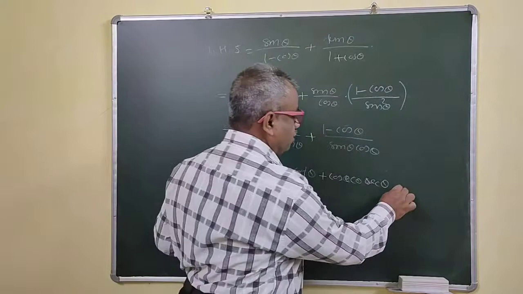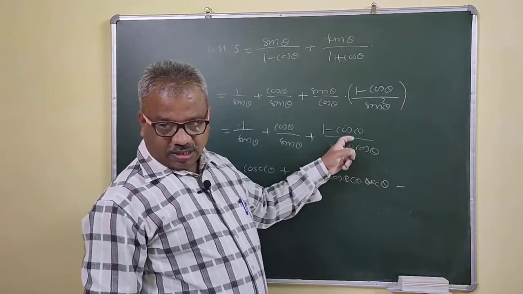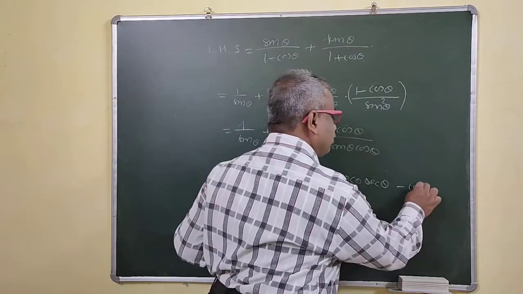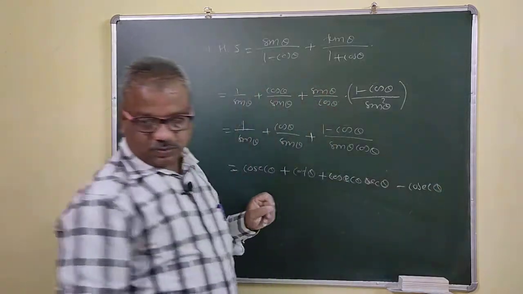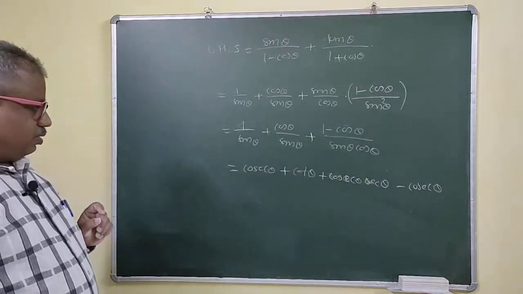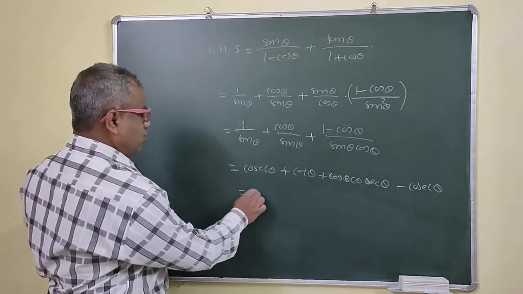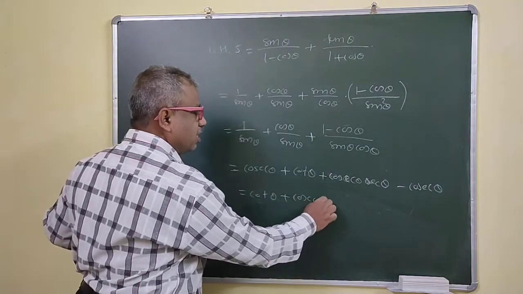Now then minus 1 upon sin theta, right? Your cos parts get cancelled, right? 1 upon sin theta is nothing but cosec theta, equal to cosec theta, right? Now your cosec gets cancelled. So this is cot theta plus cosec theta sec theta.